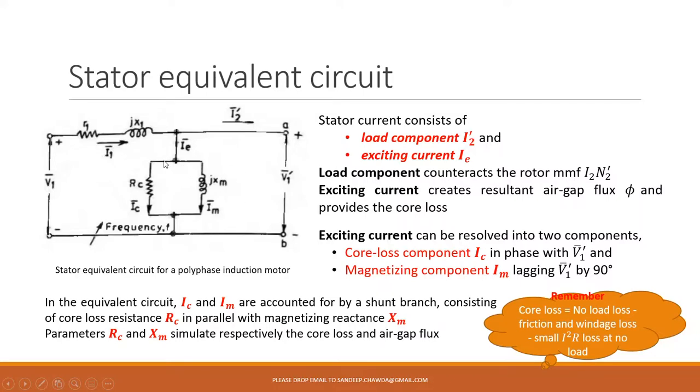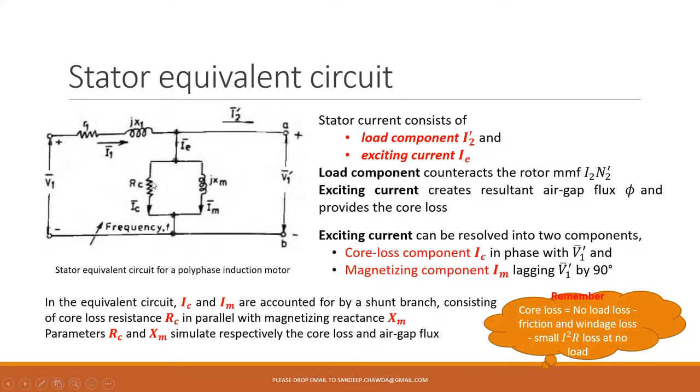So basically this exciting current will be divided into two parts. One will be the core loss current, which we are showing here. There are losses in the core, which will be represented by the resistance, and there will be the magnetizing component. So the magnetizing reactance is shown there. So this is the IM.